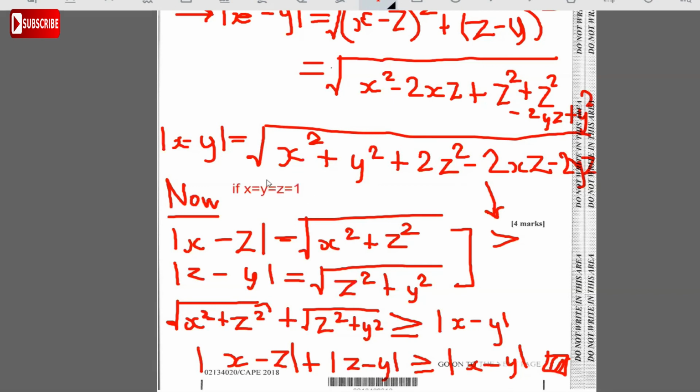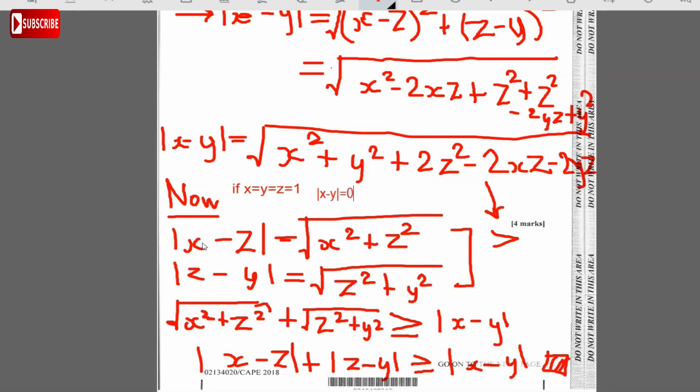You would get the modulus of x minus y to be the square root of 1 plus 1 plus 2 times 1, which is 4, minus 2, that's 0. In that case, the mod of x minus y is equal to 0.